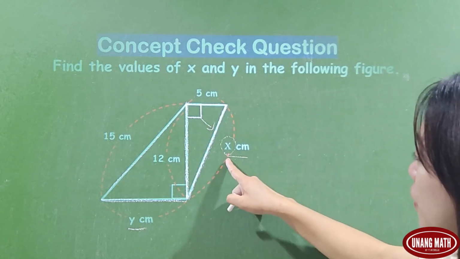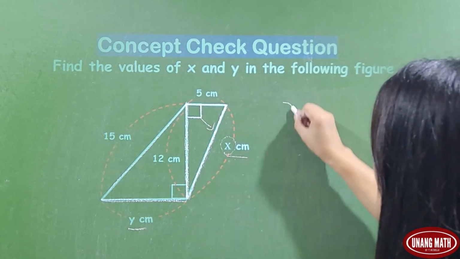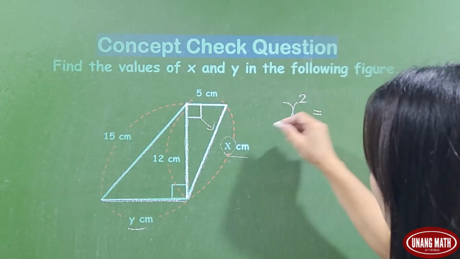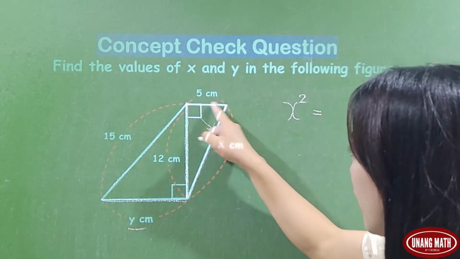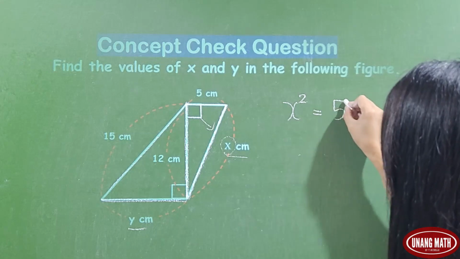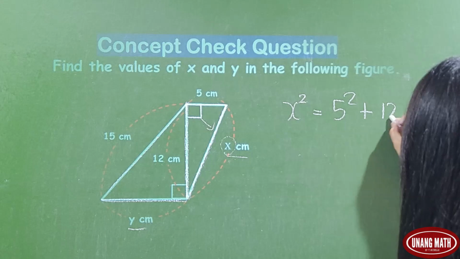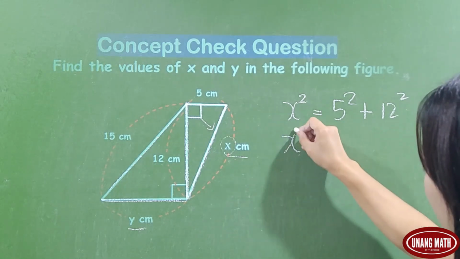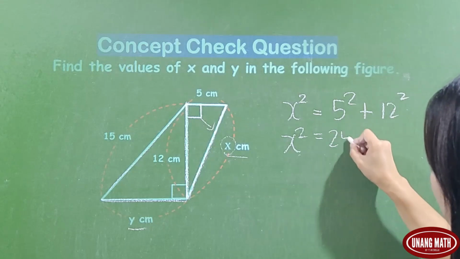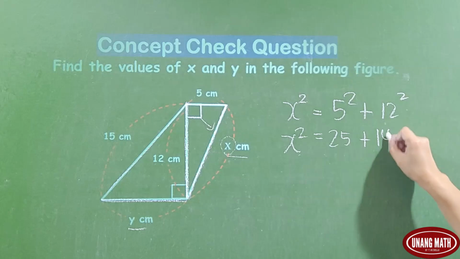So the Pythagorean theorem would be x squared is equal to the sum of the squares of the other two sides. So this is 5 squared plus 12 squared. So we have now x squared equals 5 squared, which is 25, plus 12 squared, which is 144.